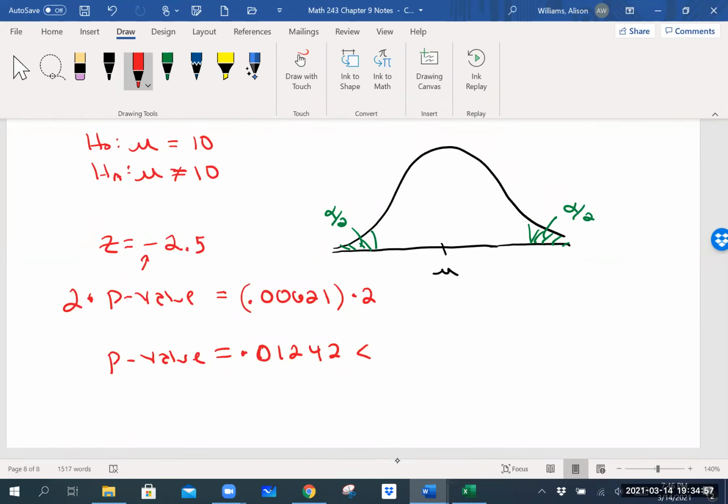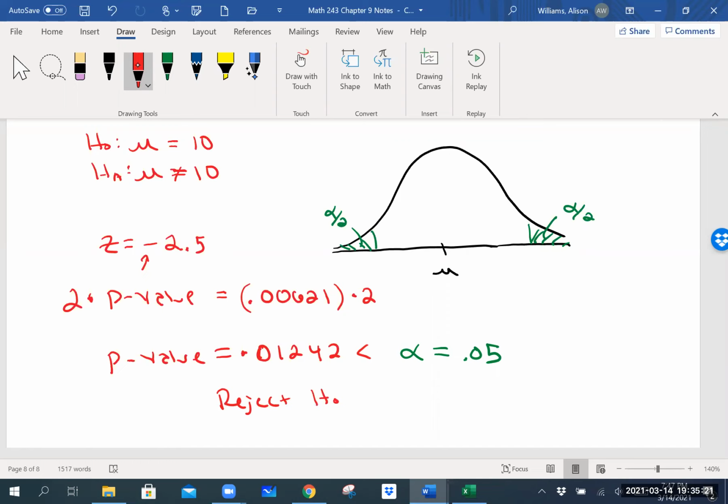And let's just say I said alpha is 0.05 because I'm making this problem up. So why not? Nothing's wrong with 0.05, which would happen to be bigger than my p-value. So I would reject in this case. I would reject the null in this pretend example that I've made up.